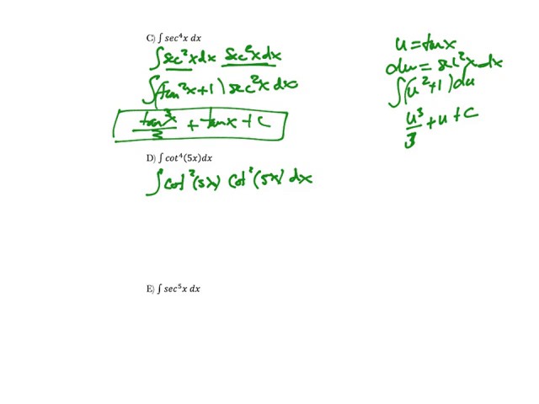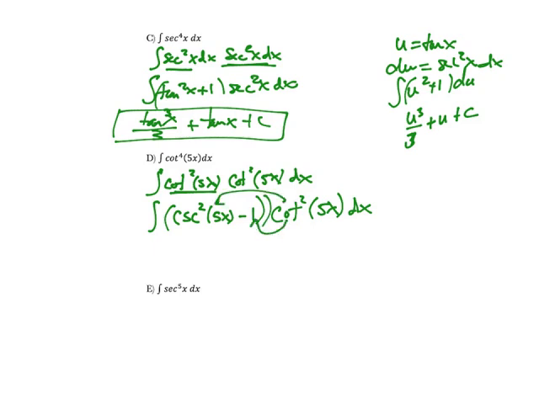And I know that the derivative of cotangent is negative cosecant squared. So I'm going to change this cotangent squared to be cosecant squared 5x minus 1 times cotangent squared 5x dx. Still not really finished yet because I still need to distribute this cotangent squared.